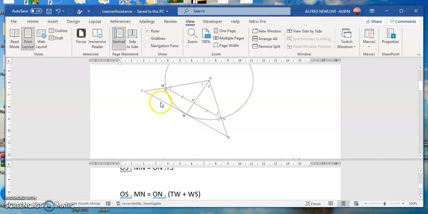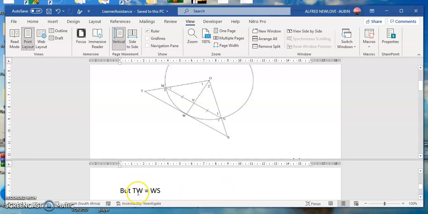If it's perpendicular, it means this length is also equal to that length, because it's the same line that is produced. So TW is equal to WS.